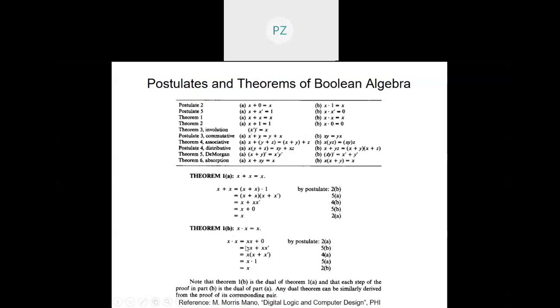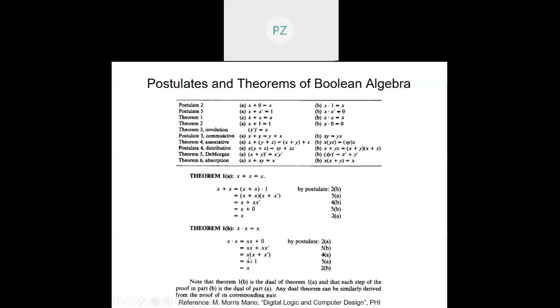Now let us see, x dot x is equal to xx plus 0. This is the same thing we have seen earlier. The absence of the dot means that there is a dot. So plus 0 by postulate 2a, because x plus 0 is equal to x, so xx plus 0 will also be xx. Now xx plus x x bar, from the complement postulate, x x bar is 0, this one, 5b.